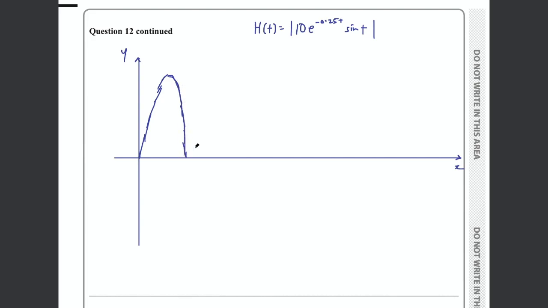The main thing is that all of the curves are above the x-axis and that they somewhat look like the curve that we already see in the question. And they're going lower and lower.